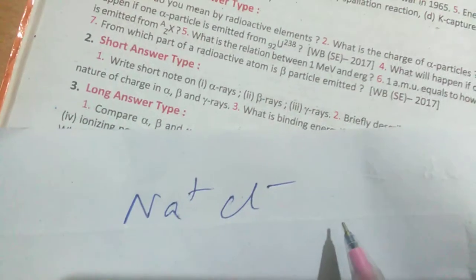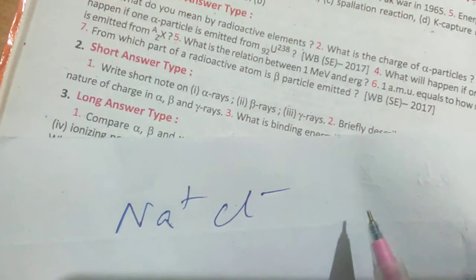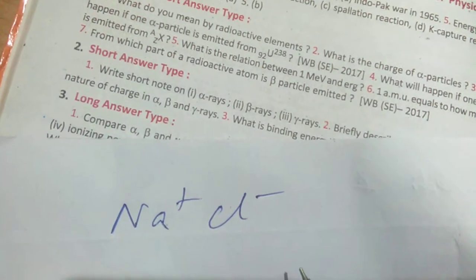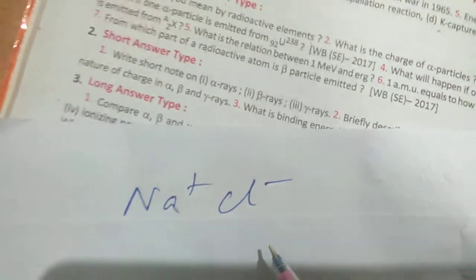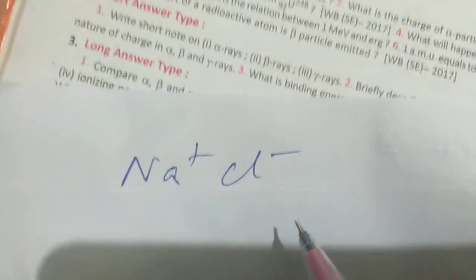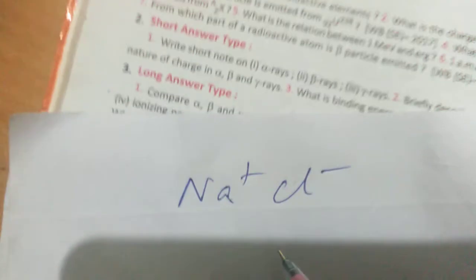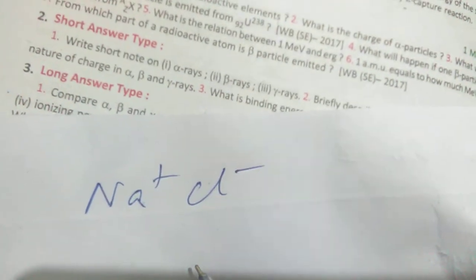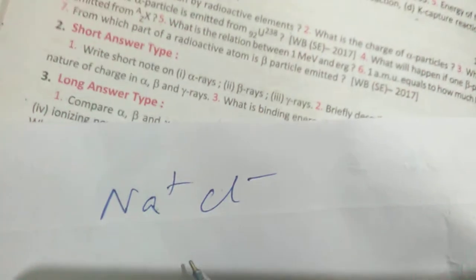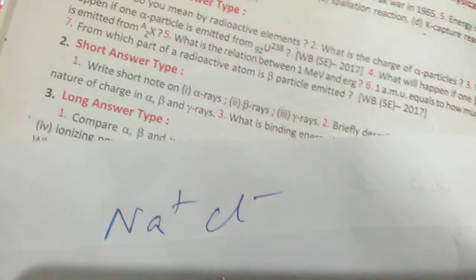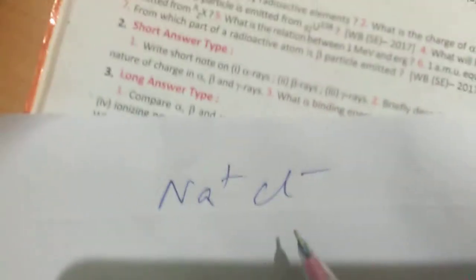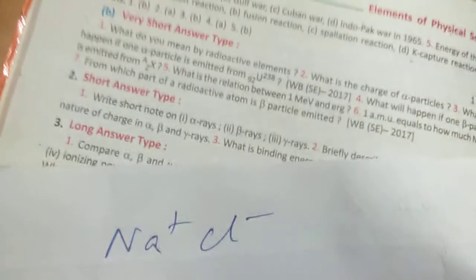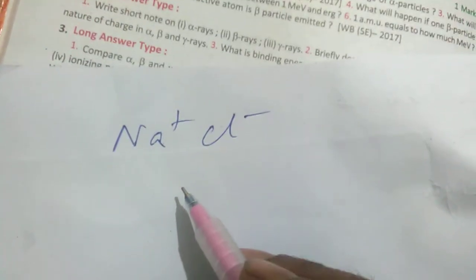Now, what are electrolytic compounds? The compounds which are dissociated in water solution or in molten state to form oppositely charged ions, and by the application of electricity move towards the positive plates or negative plates of the electrical source, and thereby form new compounds, new species.